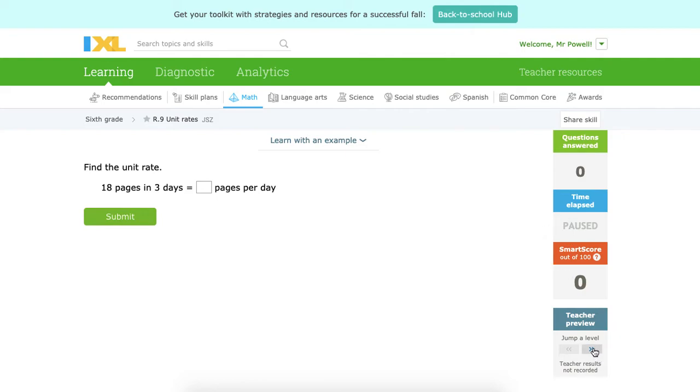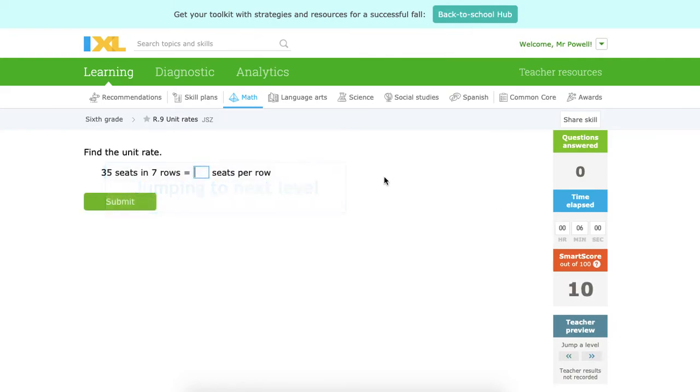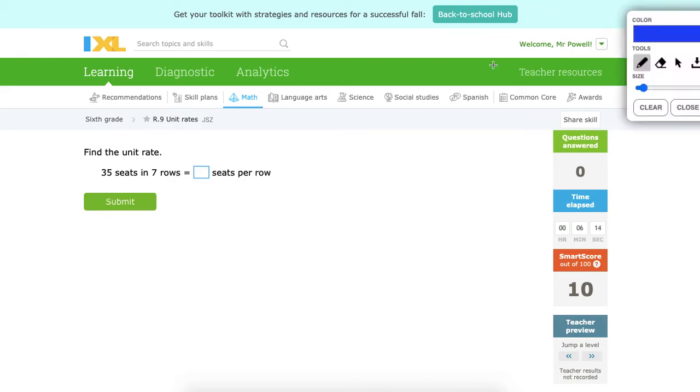Let's jump up and look at another one here. Again, it's seats per row. Don't read this one. Always go over here to see seats per row. So that means we need the number of seats, which is 35, divided by the number of rows, which is 7.